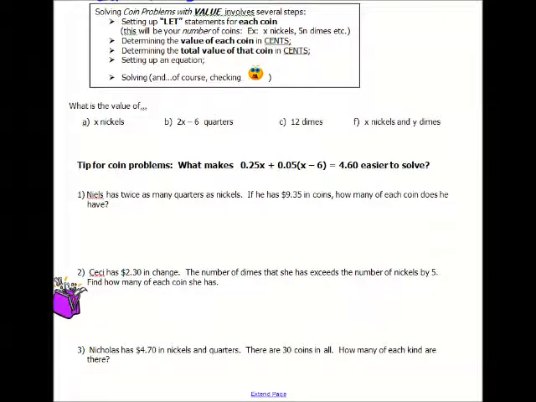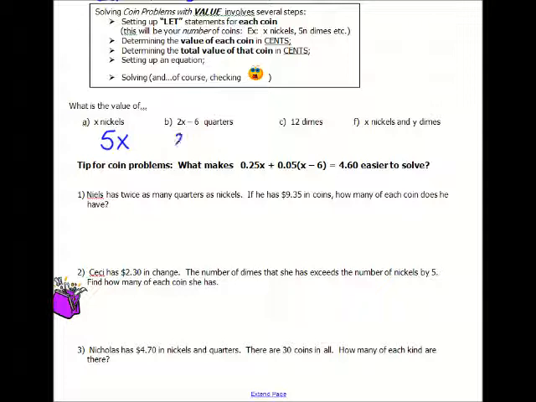In order to do that, we think first, what is the value of X nickels? It's going to be 5X. If I have 5 nickels, it's 25 cents. If I have 10 nickels, it's 50 cents. What is the value then of 2X minus 6 quarters?